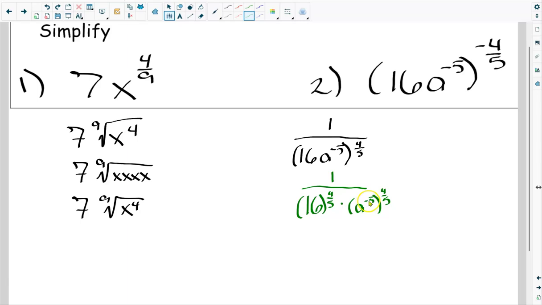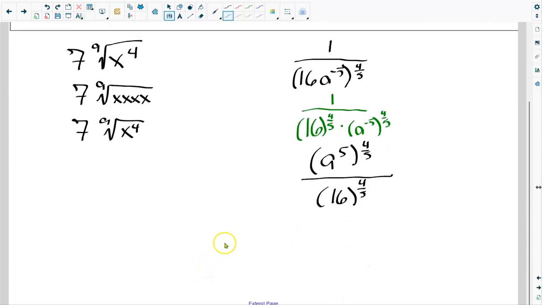Once again, we have a negative exponent, so we're going to flip again. So this guy's now going to come on top, a to the 5th, 4 to the 5, over. He stays on the bottom. 16 over.